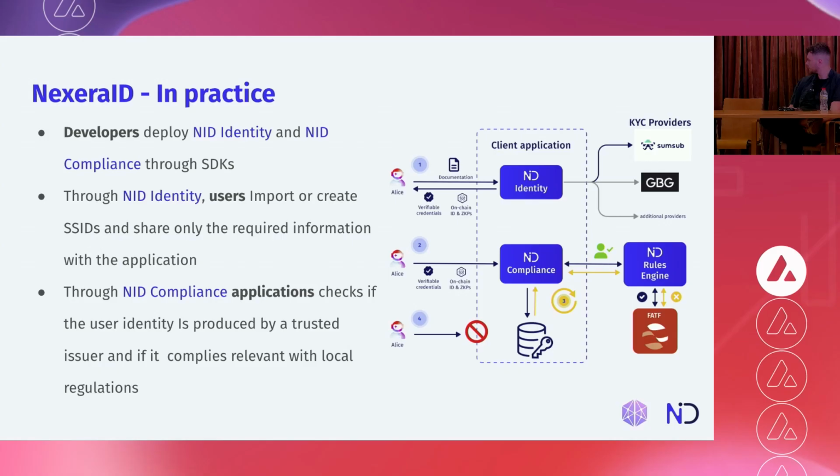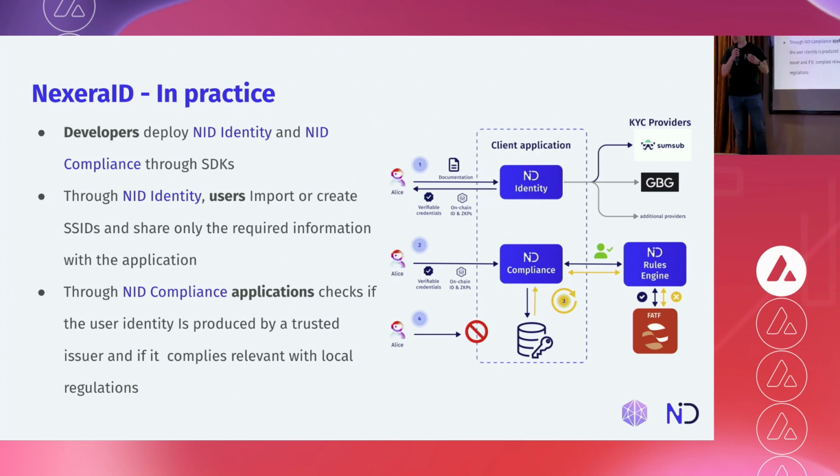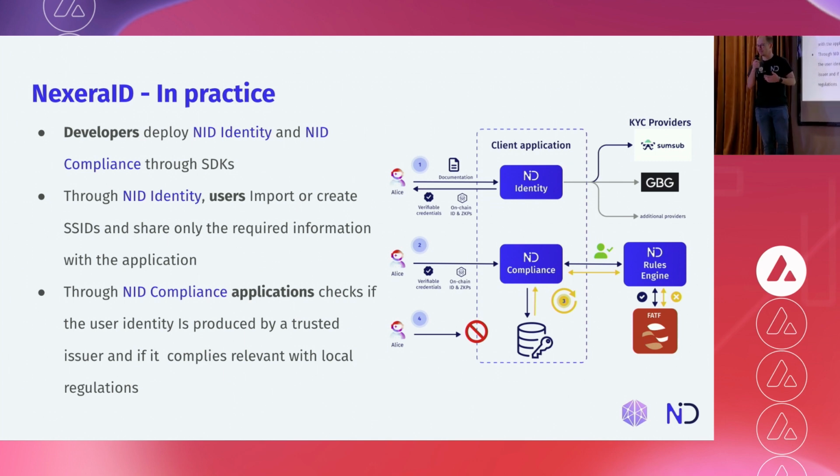Yeah, let me just come back to the diagram. There's a flow that I didn't describe initially, just for us to go faster. What the compliance engine and the compliance SDK also allow is this: if the regulations are requiring the financial institution to also store the data of the user for later reveals, they can do that with the compliance SDK.